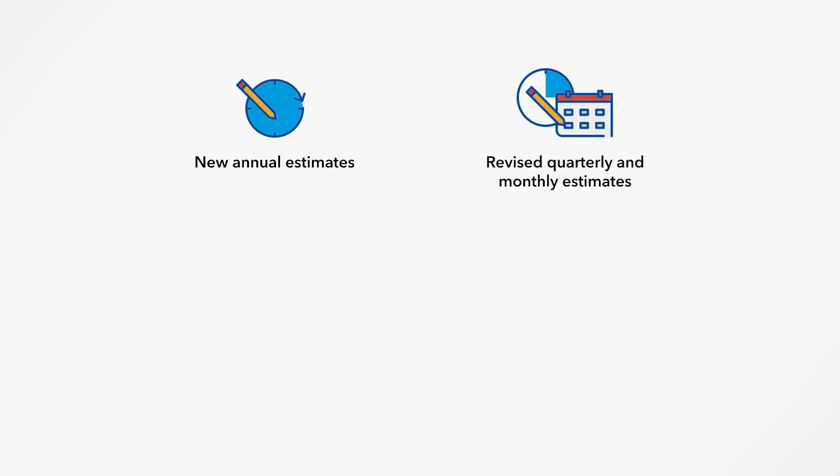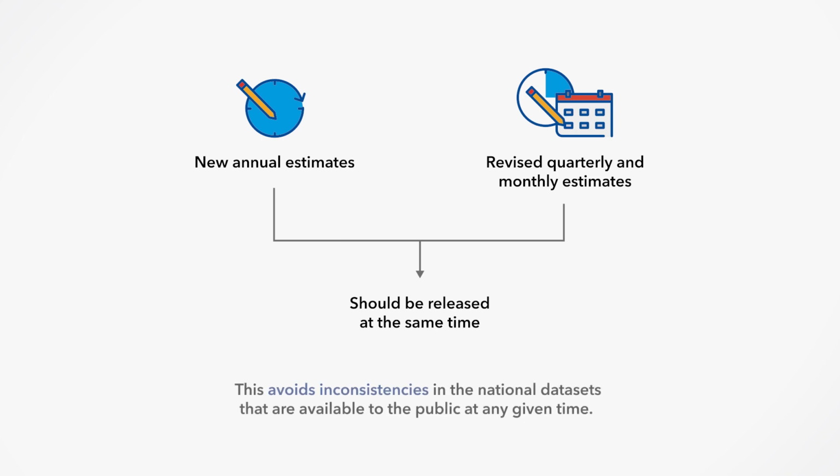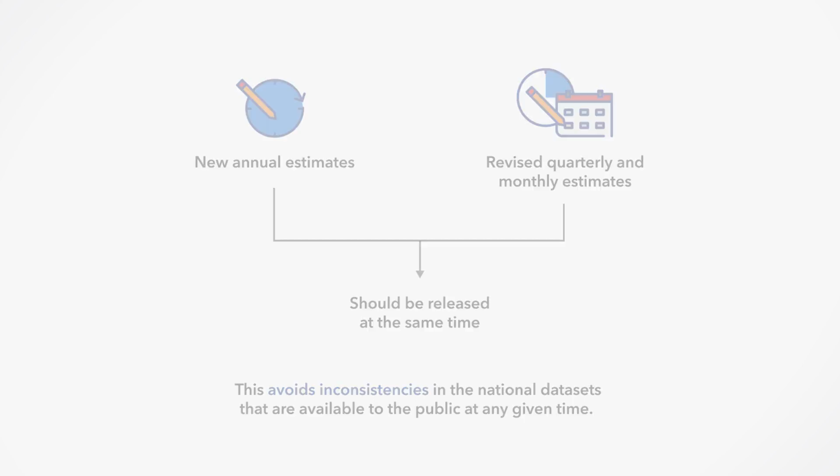Whenever possible, the new annual estimates and the revised benchmarked quarterly and monthly estimates should be released at the same time. This avoids inconsistencies in the national datasets that are available to the public at any given time.